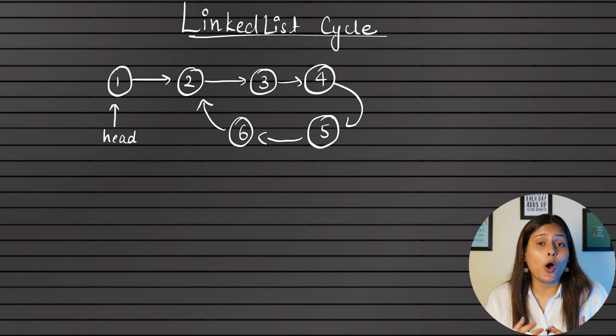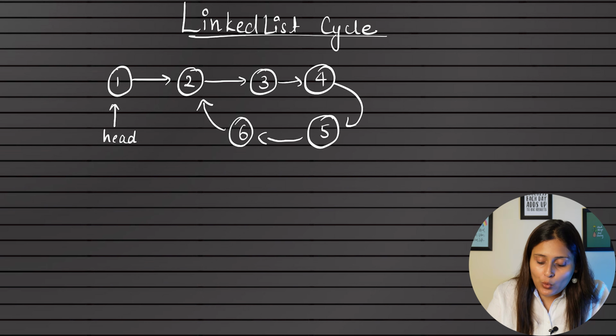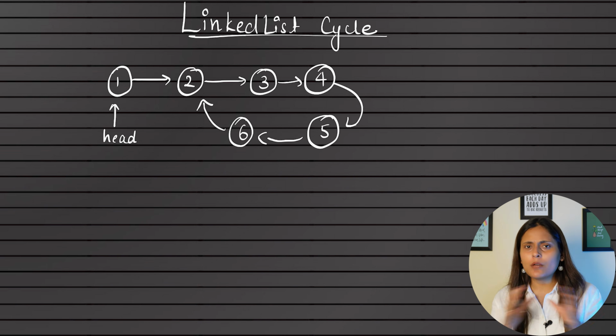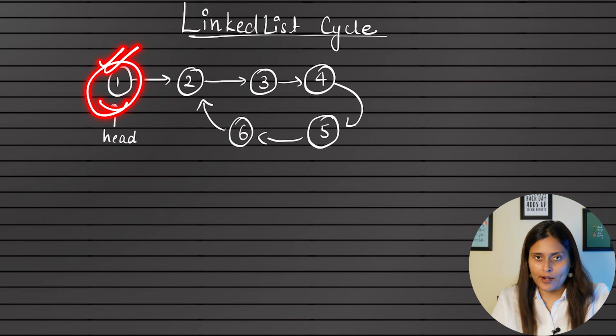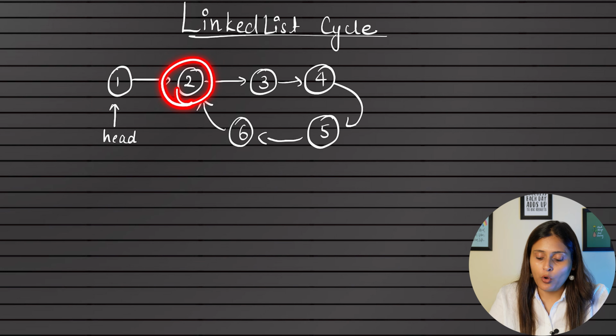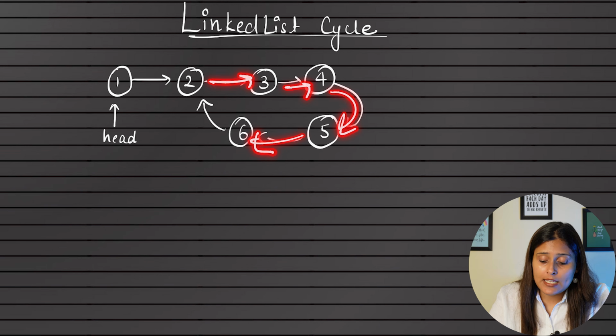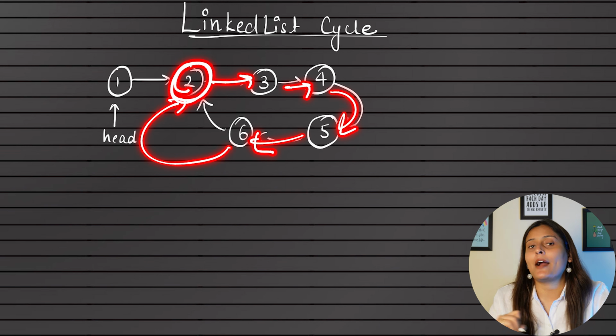But before doing the optimized approach through fast and slow pointer, let's try to understand how we can do this using the brute force approach. Okay, so we have to check if there is a cycle or not. So don't you think to check a cycle we can say, hey, we have visited 1, okay, we have visited 2, okay, now 3, now 4, now 5, now 6, and after 6 we again came back to 2.